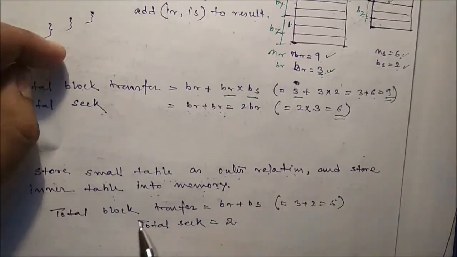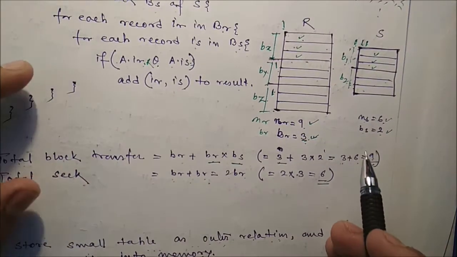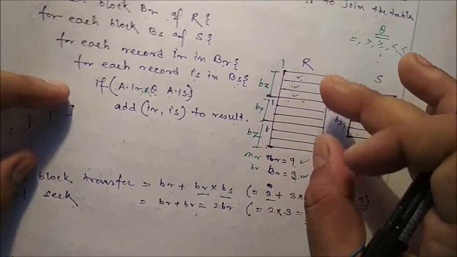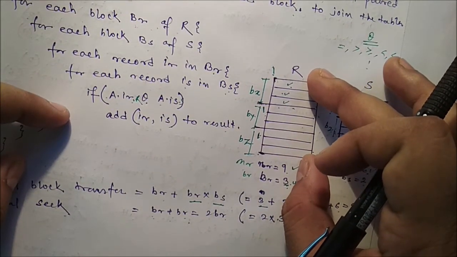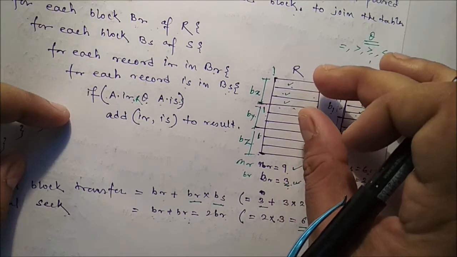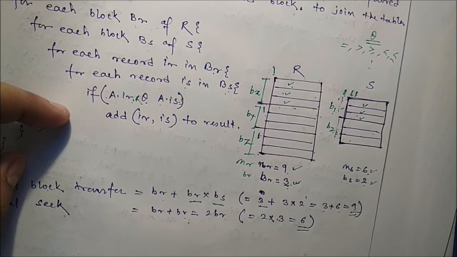And if it is the case, the total block transfer will be BR plus BS. So see, this particular portion, BR, is stored in the memory. To store in the memory, you have to transfer this block, this block, this block, so total BR blocks transfer.